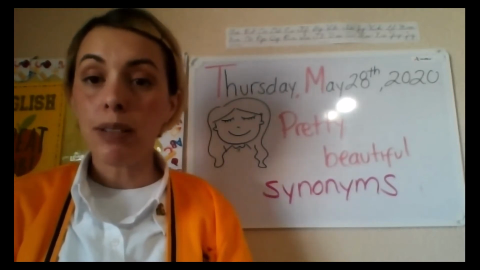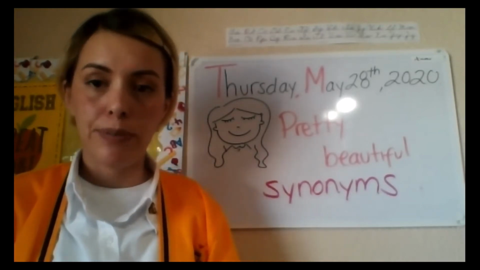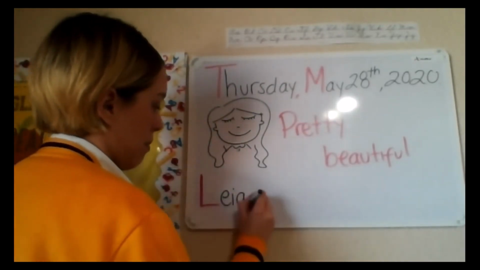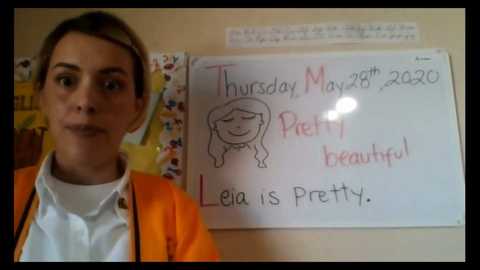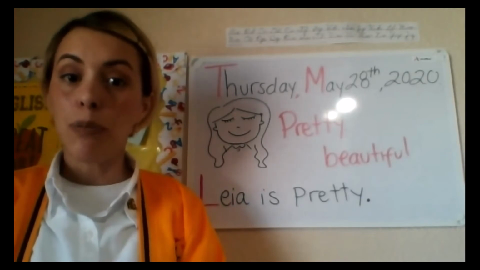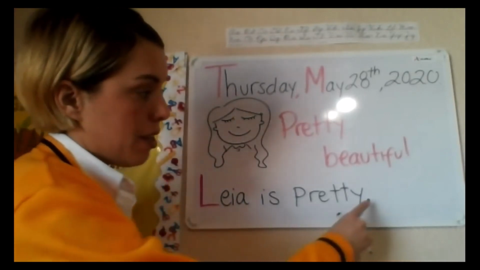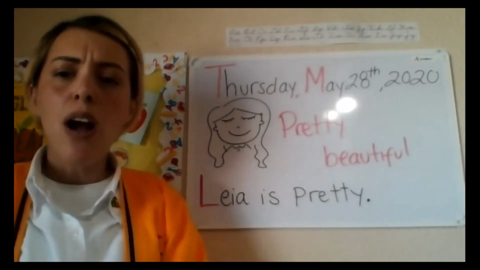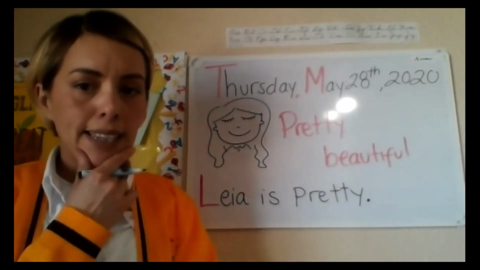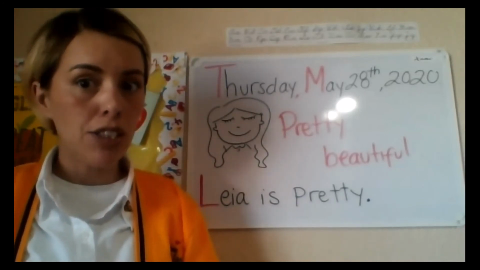Now, let's create some sentences to practice a little bit more. Leia is pretty. And as a complete sentence, I start with a capital letter and I end with a period, all right? Now, how can we change that sentence? What word do we have to change?